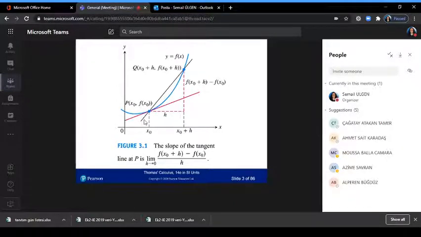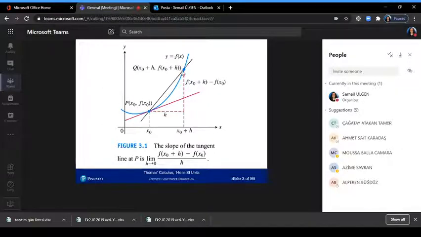This black one is the secant line, and each time this Q gets close to P, you get a different secant line, and you calculate the slope of that secant line. You look at all these slopes, and they are going to converge to the slope of the tangent line.